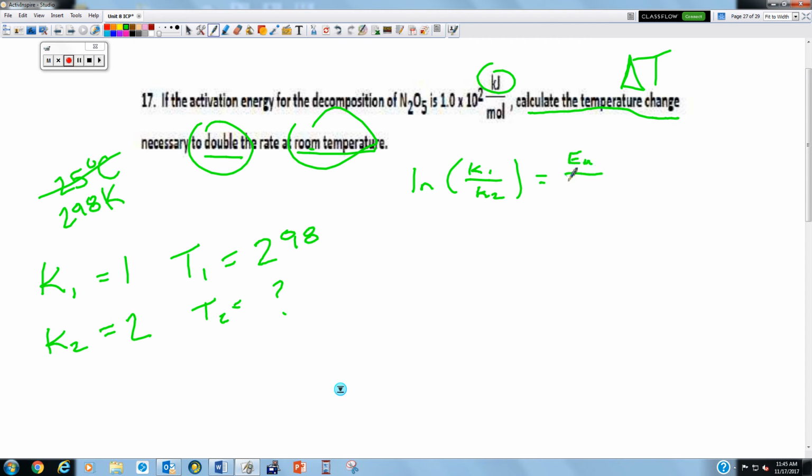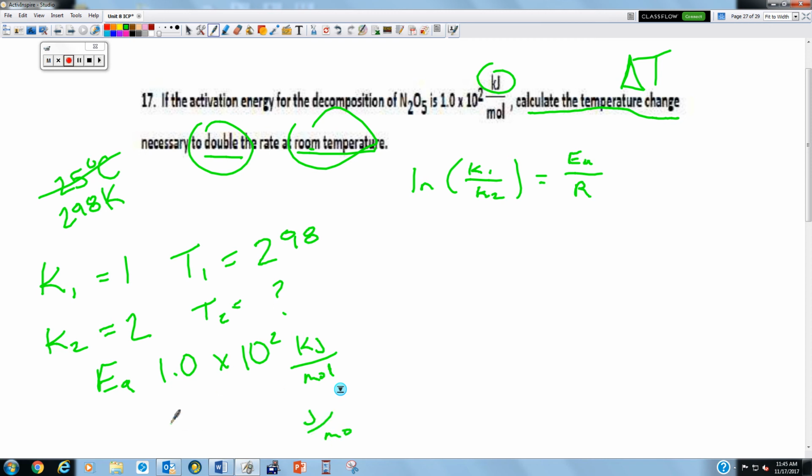EA over R. Oh yes, and our EA is 1.0 times 10 to the second kilojoules per mole, but we want this in joules per mole.